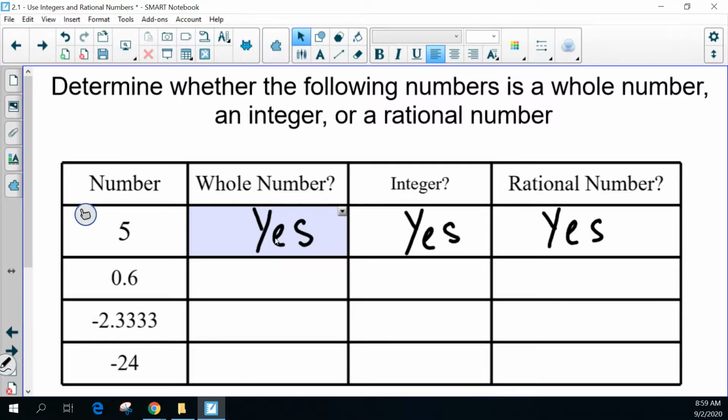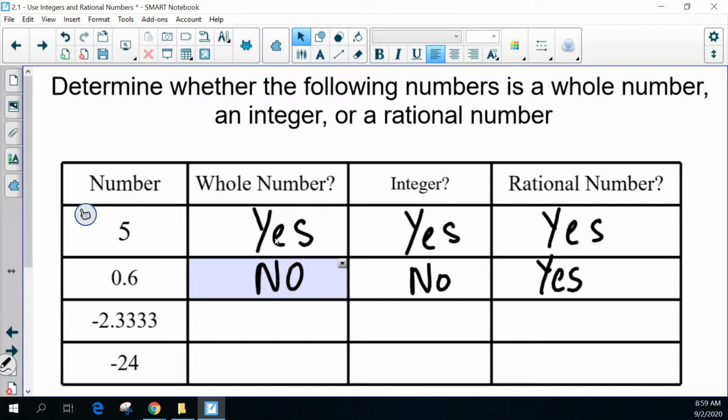Okay, 0.6, is it a whole number? No. Integer? No. Would it be irrational or rational? It'd be rational.